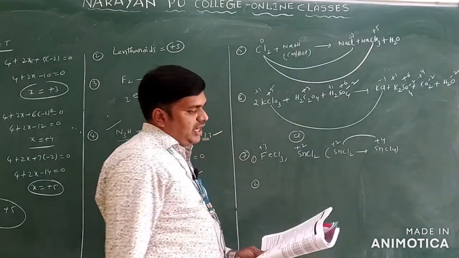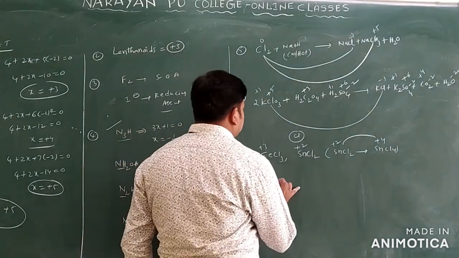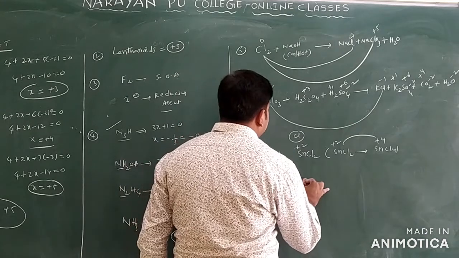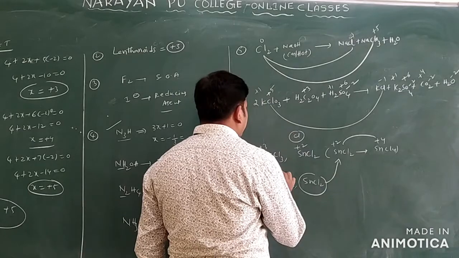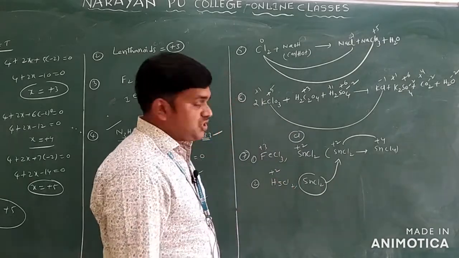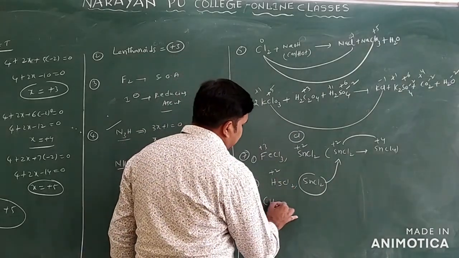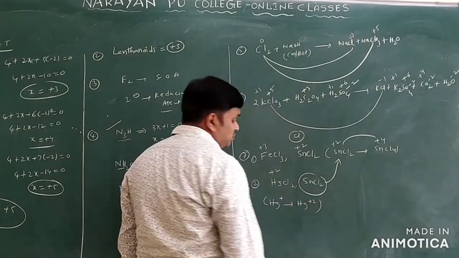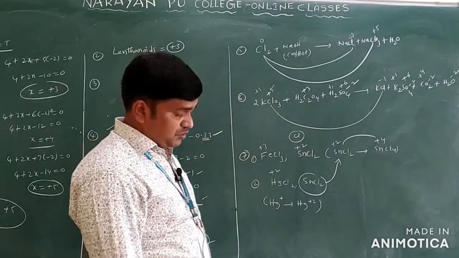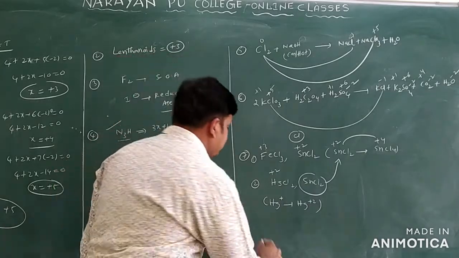Come to option 2, HgCl2 and SnCl2. For SnCl2 the same applies. The oxidation state of mercury here is plus 2 only. There can be a change from Hg plus 1 to plus 2, but there is no change from plus 2 to plus 3 like that.